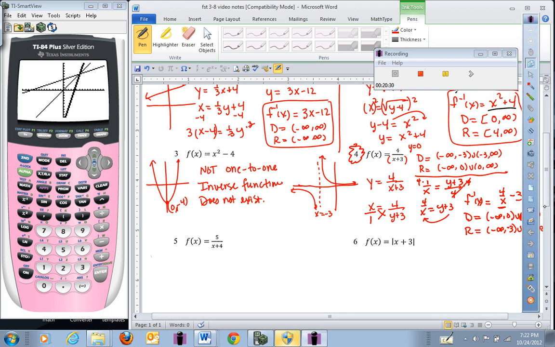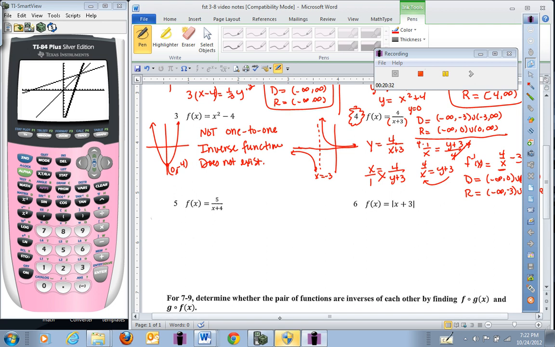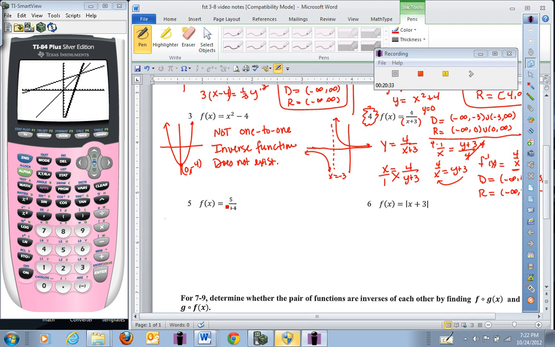Okay, number 5 is another hyperbola, isn't it? This time the hyperbola has been moved 4 units to the left. Then we have a stretch of 5, so it's just going to cross up here and over here. This is -4. Does it pass the HLP?